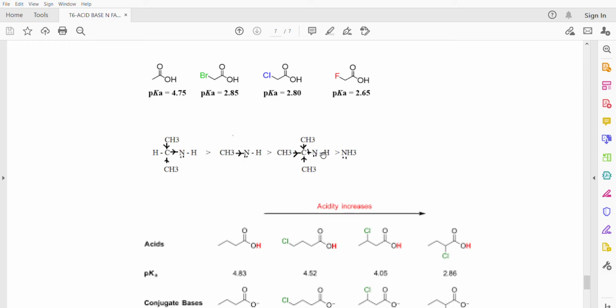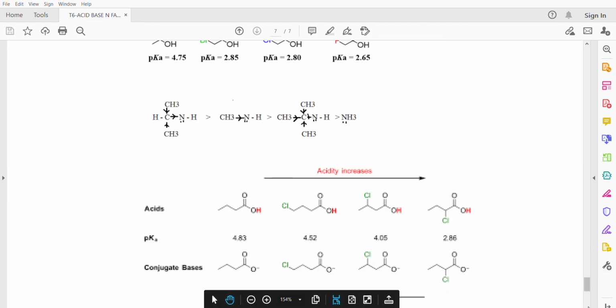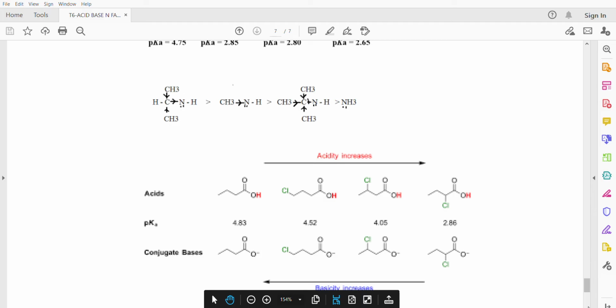Three methyls are giving electrons, but the lone pair is not available because the three bulkier methyl groups are hiding and protecting it. It will be difficult for an incoming proton or positive species to be attacked by this lone pair.